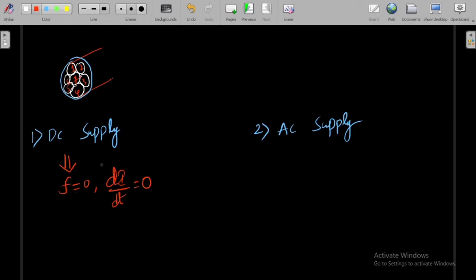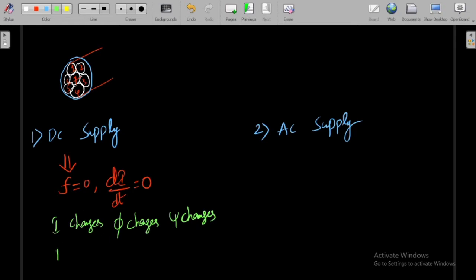So the current is not changing with respect to time. When the current changes, flux changes, which indicates that the flux linkage also changes.